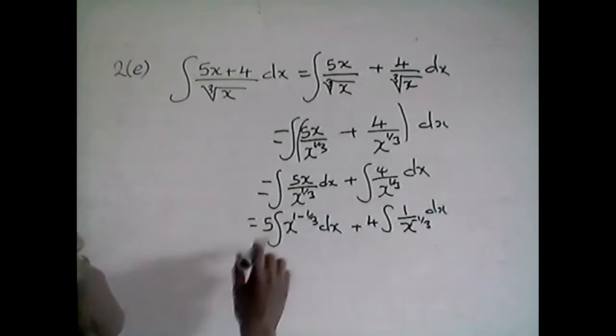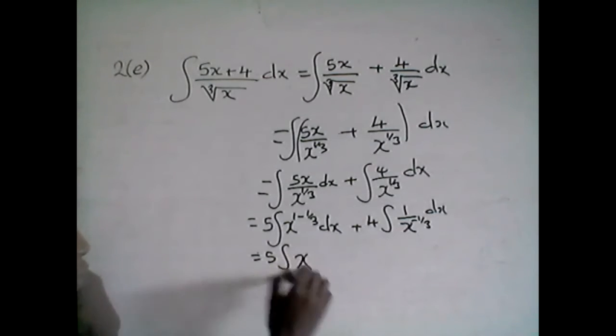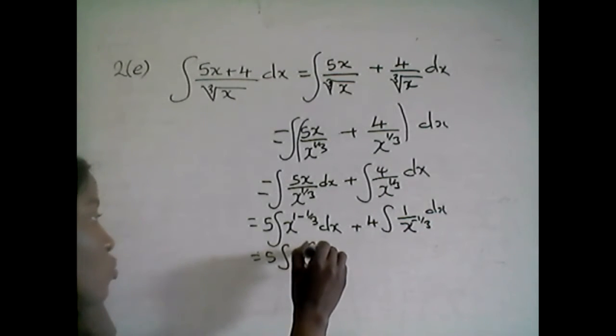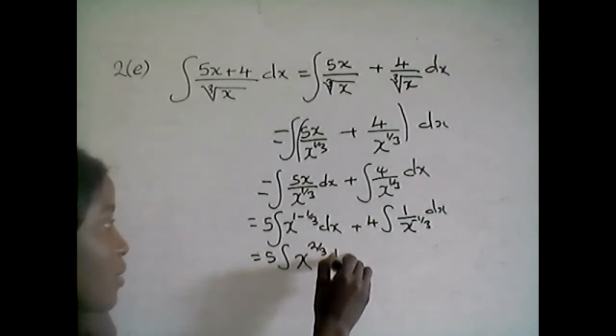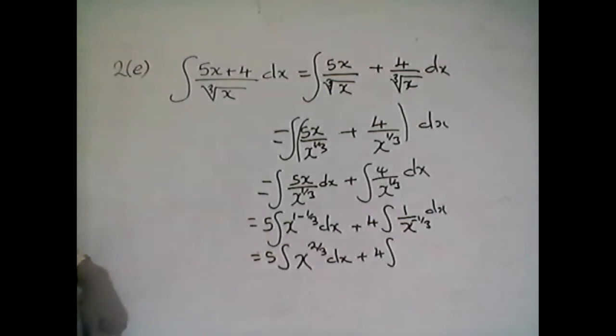When you simplify, we have 5 times the integral of x to the power 1 minus 1 over 3, that's just 2 over 3, dx, plus 4. I'll take that on top as we did with the previous question.